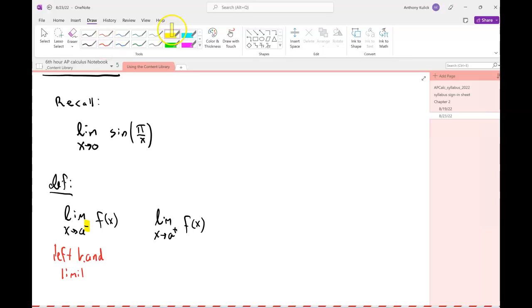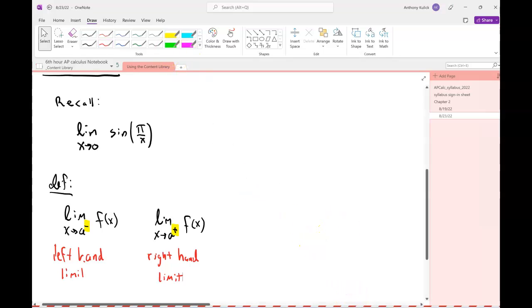And to notate the right-hand limit, we're going to use that positive symbol in the exponent. Is everybody okay with that notation?